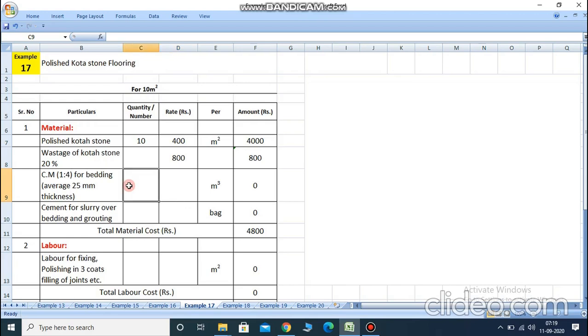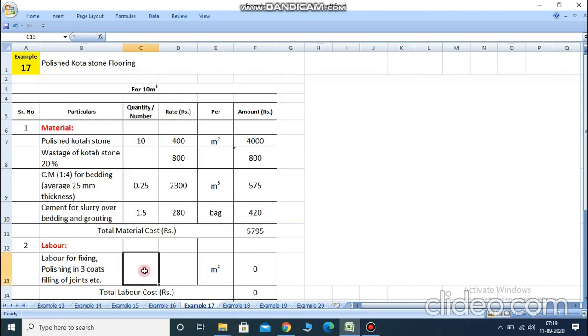So here 0.25 meter cube cement mortar quantity is required, and the per meter cube rate is 2300. So here 575 rupees for cement mortar, and cement for slurry over the bedding and grouting. So 1.5 bag of cement is required for slurry over the bedding and grouting, and per bag cement rate is 280 rupees. So we got the answer 420 rupees.